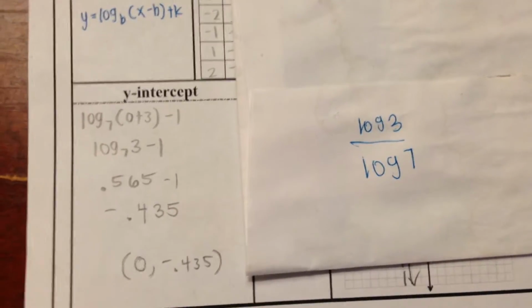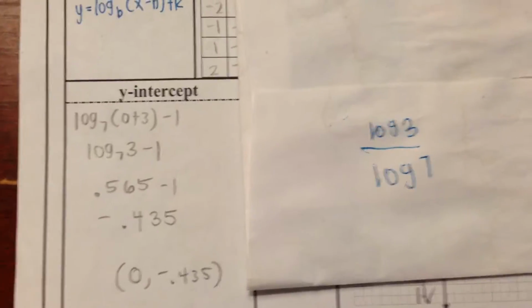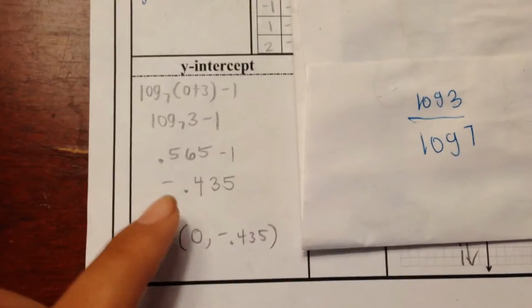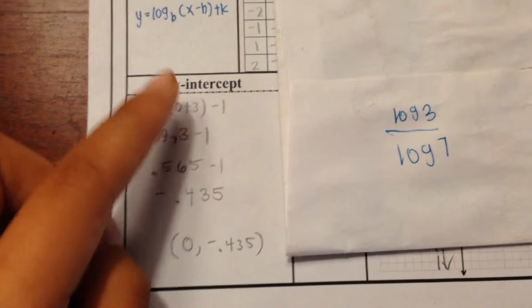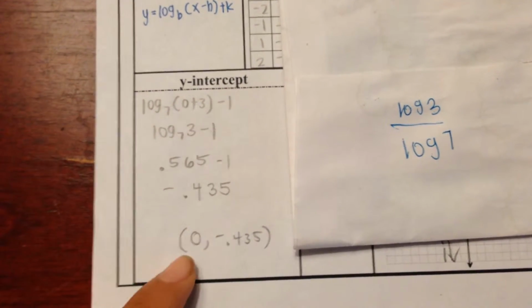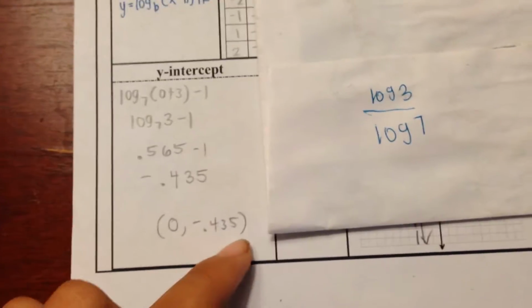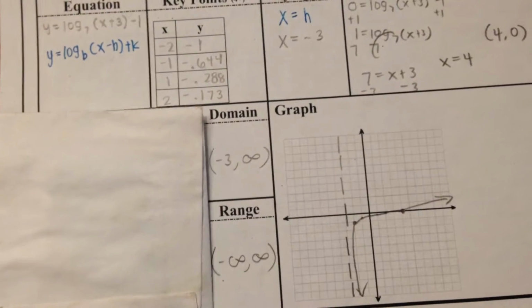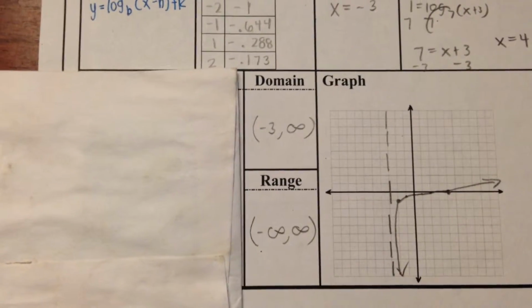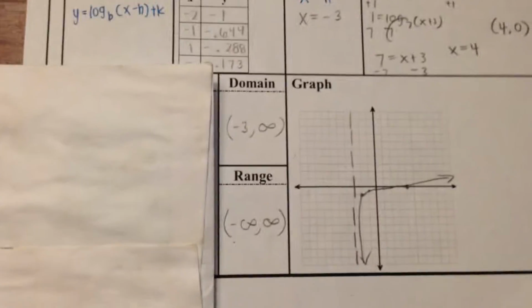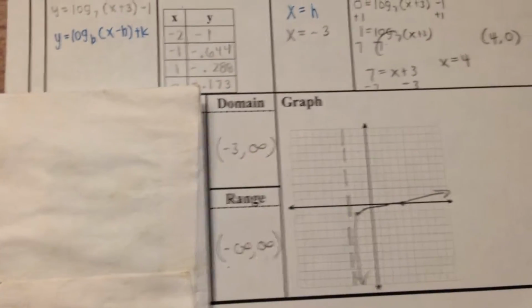I like to use log base 10, and then I get 0.565 minus 1, and I get this. So we plugged in 0 for our x value, and it equals negative 0.435.